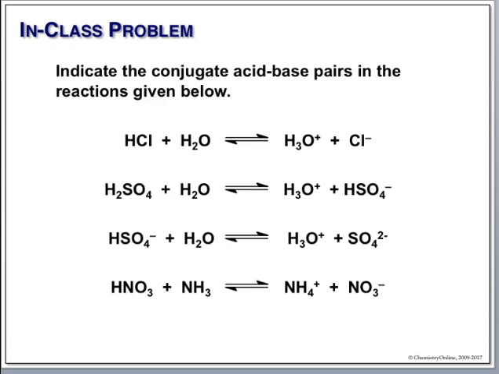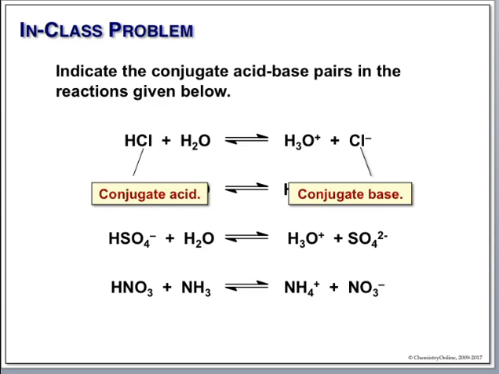And when it loses this proton, what does it form? Chloride. This is the conjugate acid-base pair. Acid loses a proton, forms its conjugate base. They have the same numbers and types of atoms except for one, hydrogen. That's how you can pick them apart.